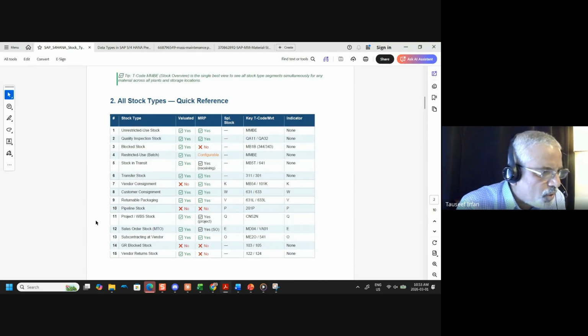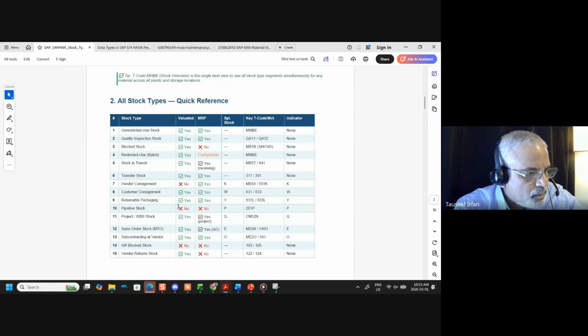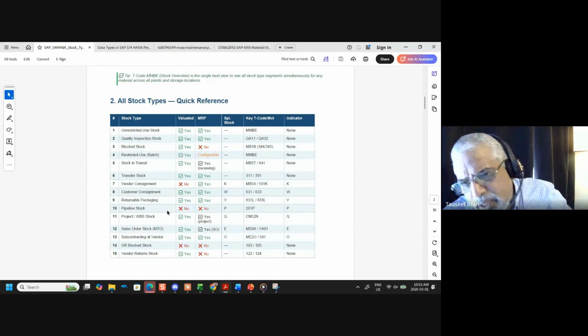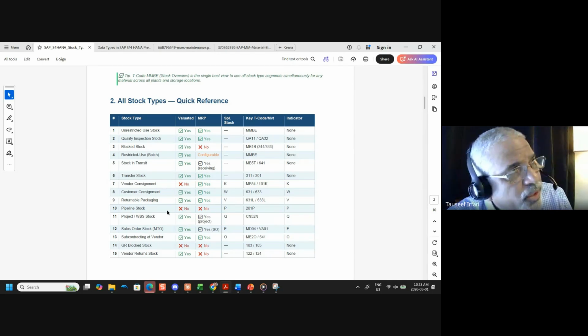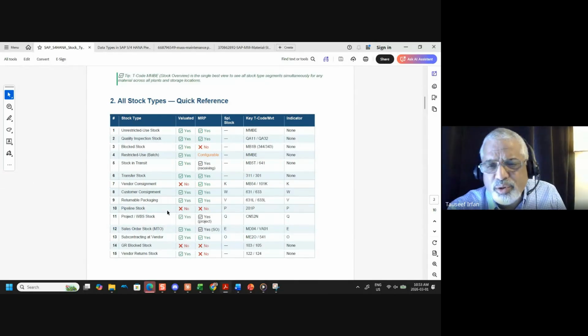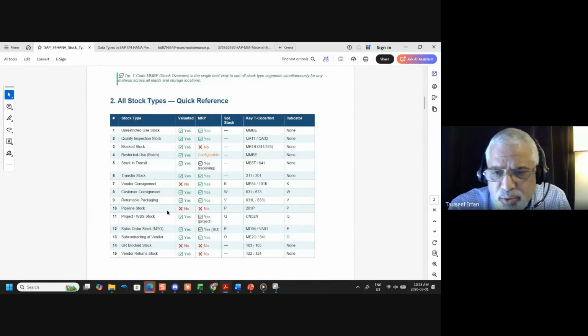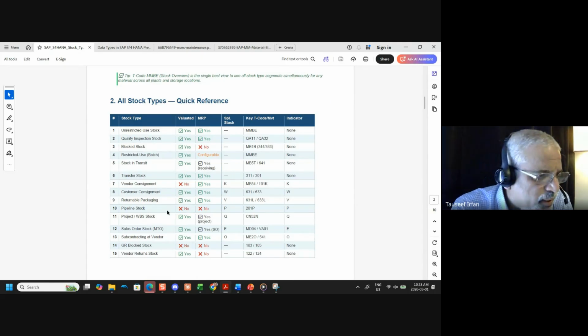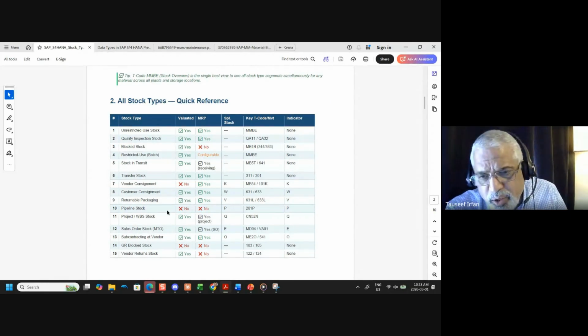Pipeline. What do you think by pipeline here? Examples are gas, utility bills, water bills. Those are all non-stock items. You don't keep the stock of that, and they are not valuated, because it's the same as consumption of your consignment.